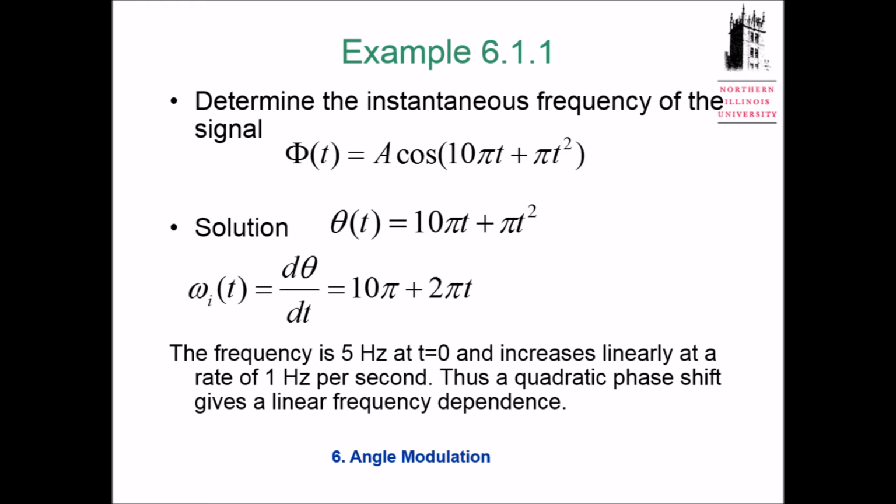Thus, this quadratic phase shift gives a linear frequency dependence. So phase is the integral of this one. This is the change of how fast you change in your phase.